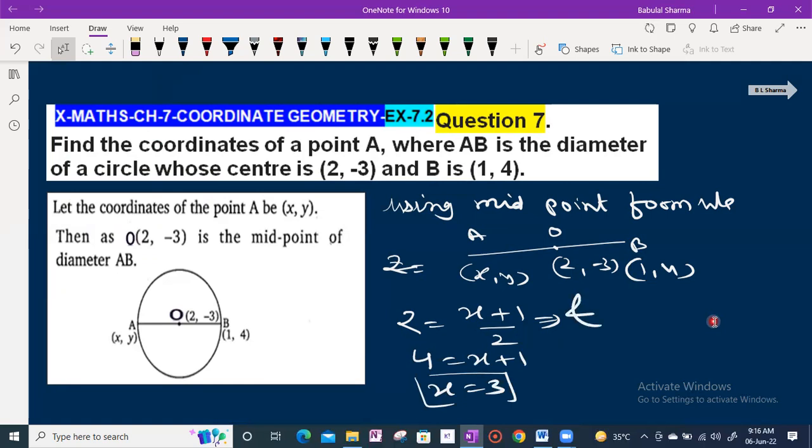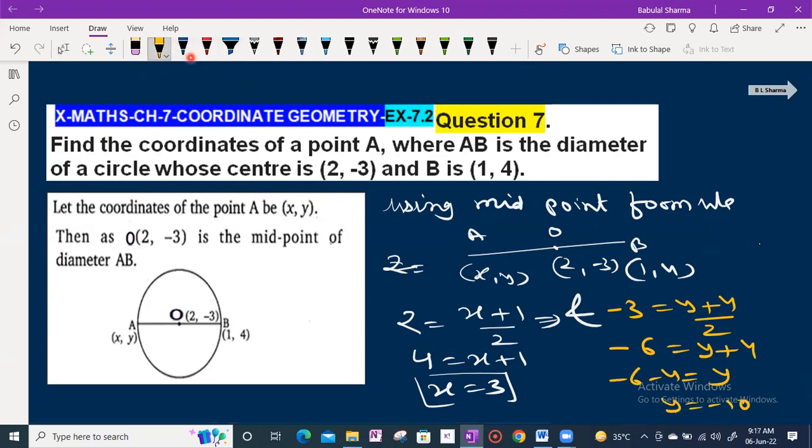And the y coordinate: -3 is equal to y plus 4 by 2, using the midpoint formula, y equals y1 plus y2 divided by 2. So -6 is equal to y plus 4, so y is equal to -6 minus 4, so y is equal to -10. So the coordinates of point A will be (3, -10).